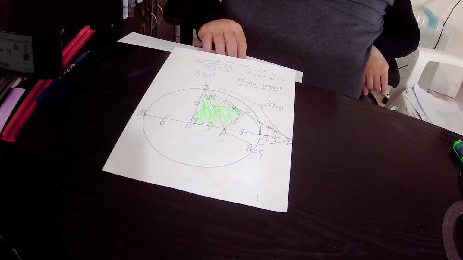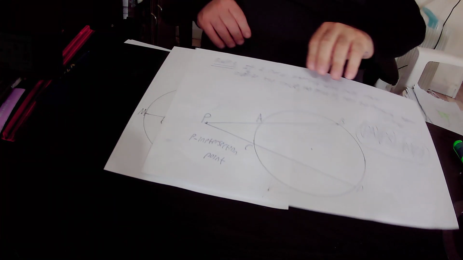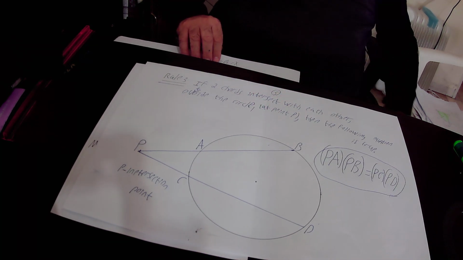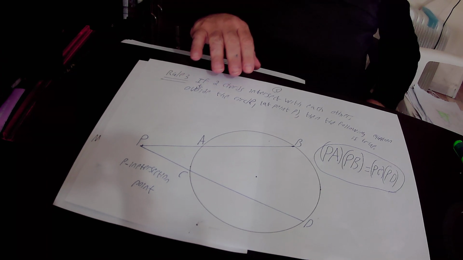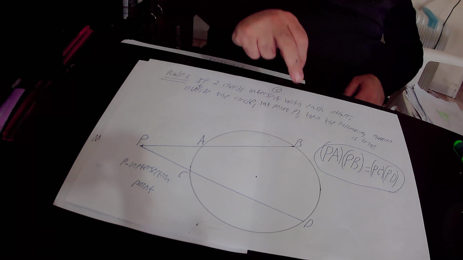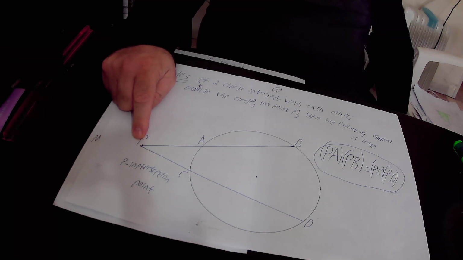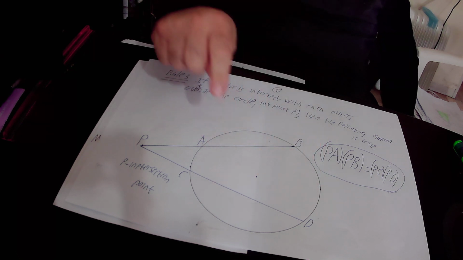Then I presented to you a new rule, rule number 3. According to rule number 3, if two chords intersect with each other outside the circle, then the following equation is true. Here we have chord AB that intersects with chord CD at point P. Point P is the intersection point of chord AB with chord CD.